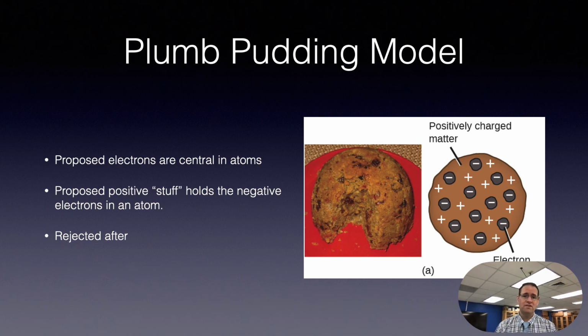The dough holds the chocolate chips in the chocolate chip cookie, right? And so he proposed that the positive stuff holds the negatively charged electrons into the atom, all right? And that was rejected sometime after when Rutherford came along. But that was the first attempt to try to draw maybe what the atom looks like on the inside.